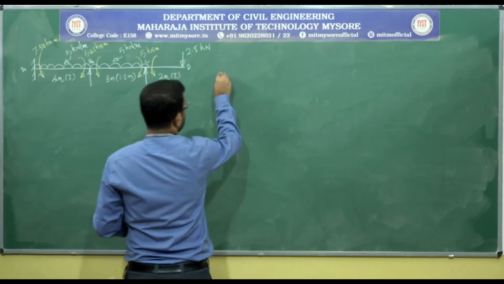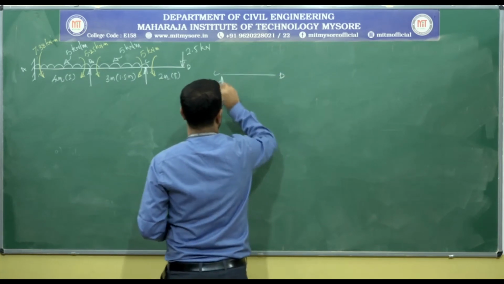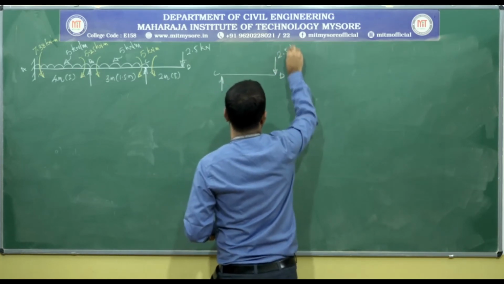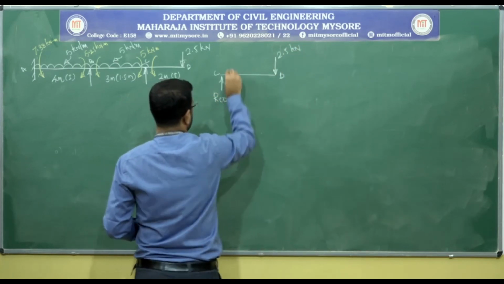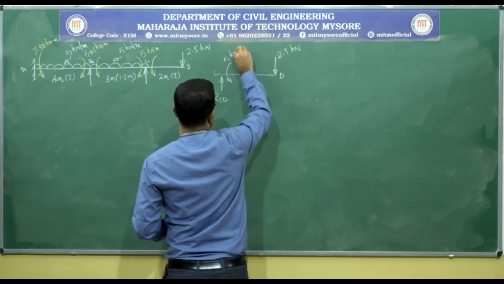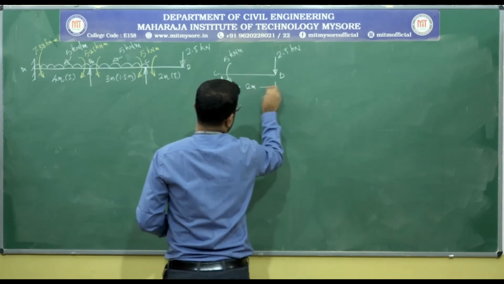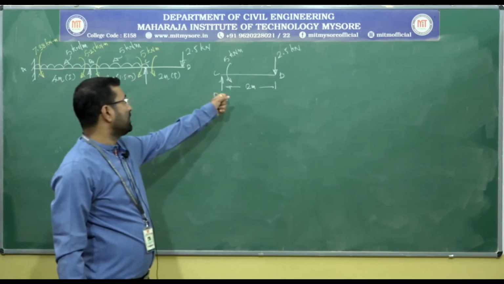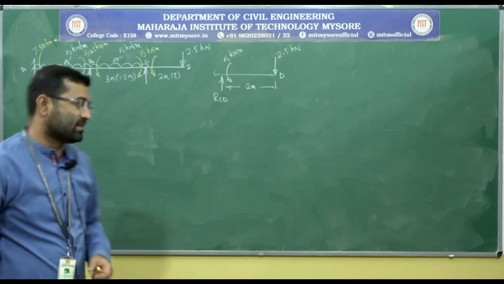See here, if I consider the span CD, at C we have support, and at D we have a load of magnitude 2.5 kilonewton. Let me call this RCD. Apart from that, we have a moment of 5 kilonewton meter. This distance is about 2 meter.